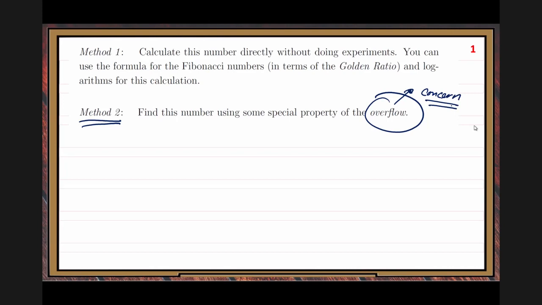So another thing I'd like to remind you here, these two methods are in part 2. Then we have part 1, part 3.